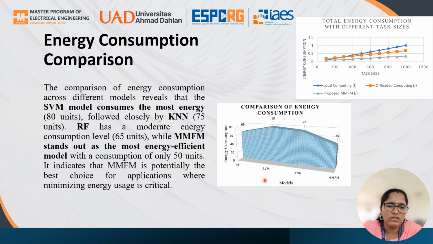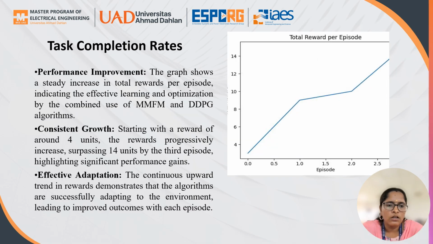The energy consumption in MMFM I'm getting is 50 units, and this is the task completion rate. As I compared using this MMFM model and DDPG algorithm, my task completion rate is improving. The performance improvement is shown here, and the graph starts from 4 units.